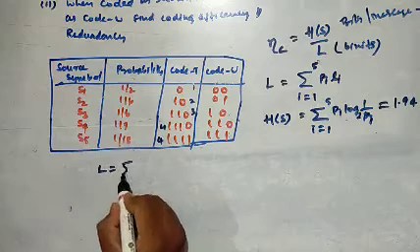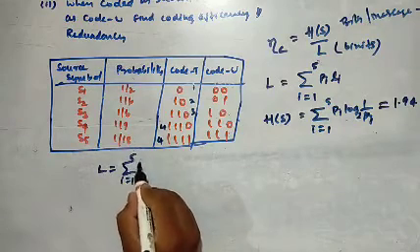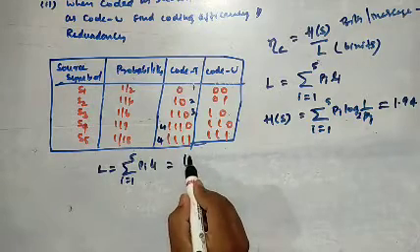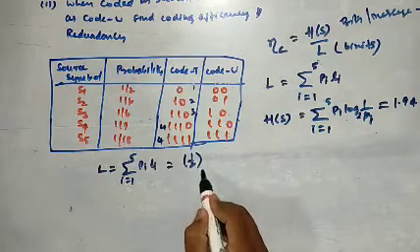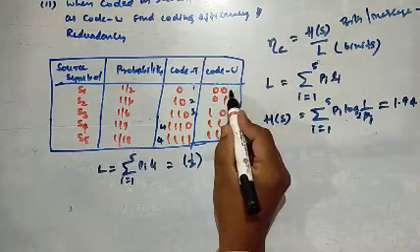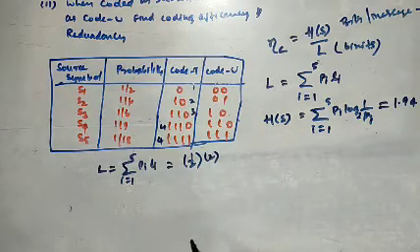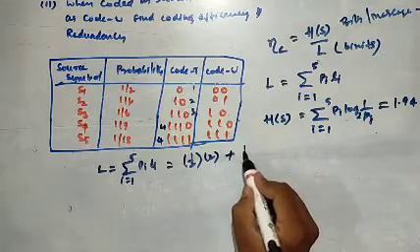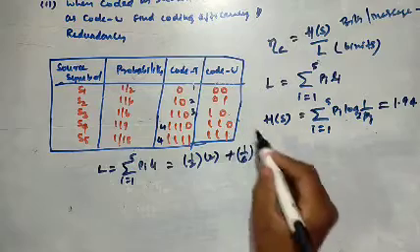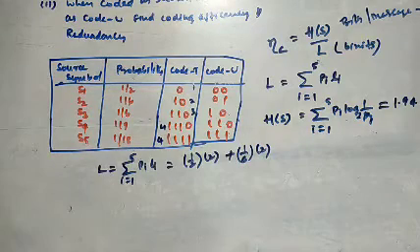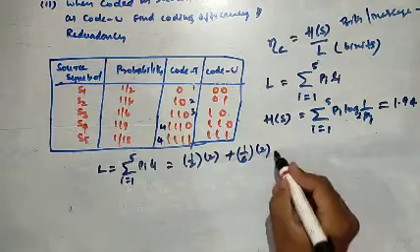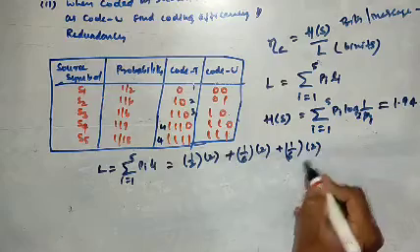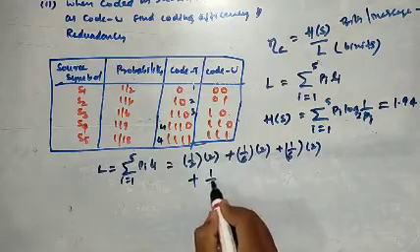So the formula is summation I is equal to 1 to 5 Pi into Li. Okay, without expanding directly, P1 is 1 by 2, and number of bits taken for this is 2, L1 is 2. Plus P2 is 1 by 6, and the length of the code for L2 is 2, plus P3 is also 1 by 6 into 2 plus 1 by 9.